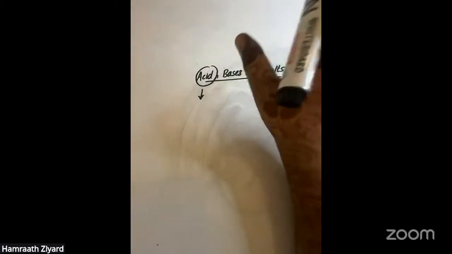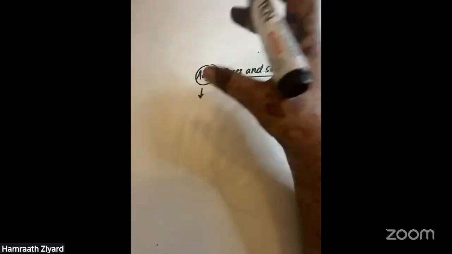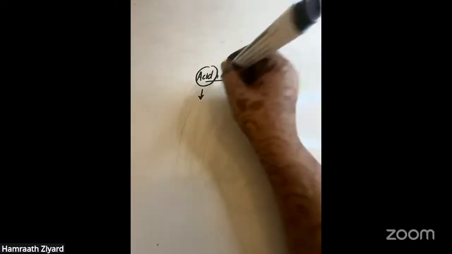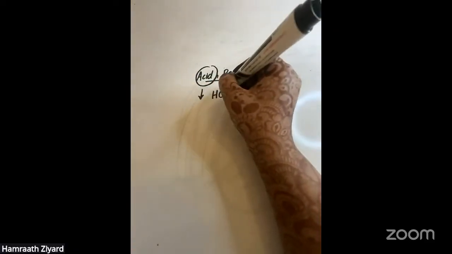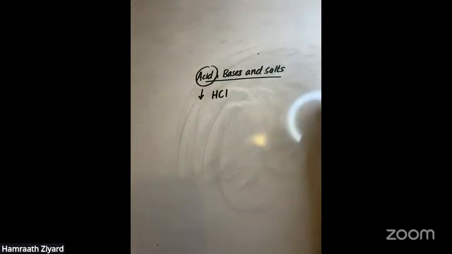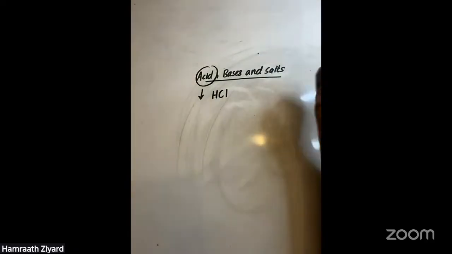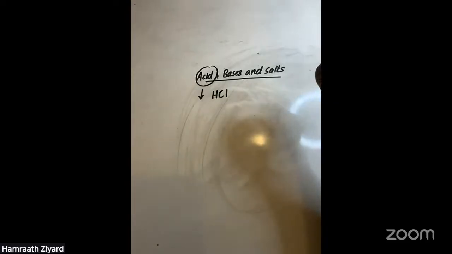So listen to me very carefully. When I say, can you name an acid? You will say, I'm going to name hydrochloric acid. Everyone knows it is naturally present inside our stomach. It is an acid present as gastric juice inside our stomach.